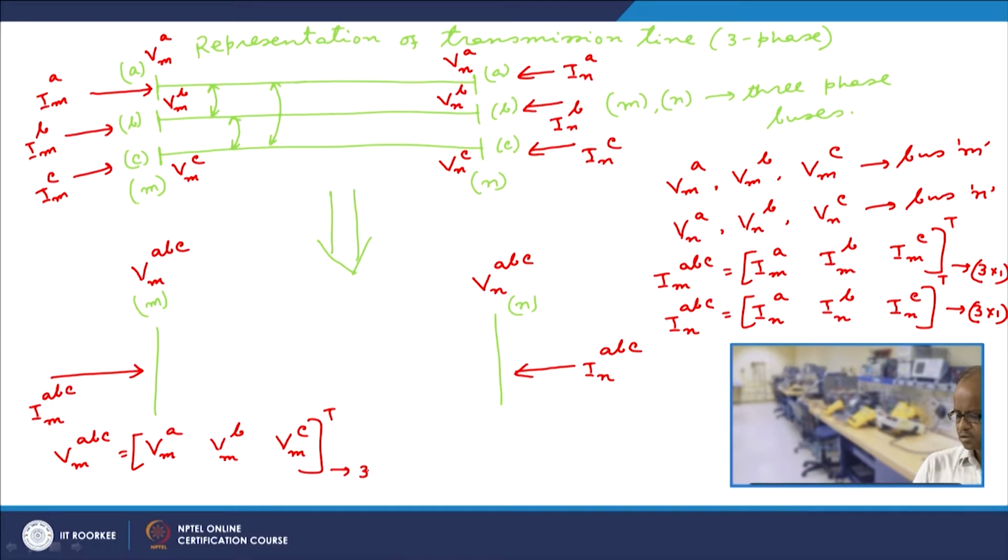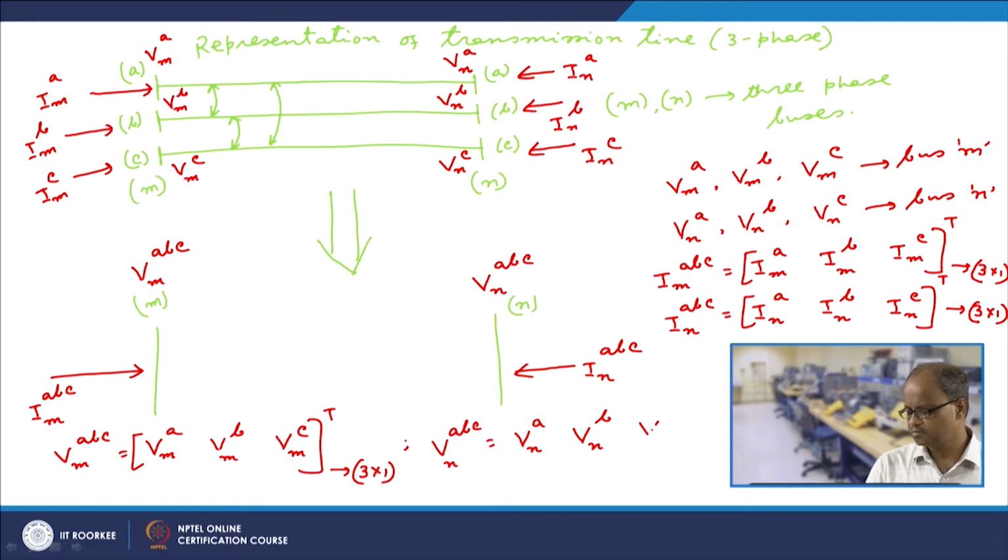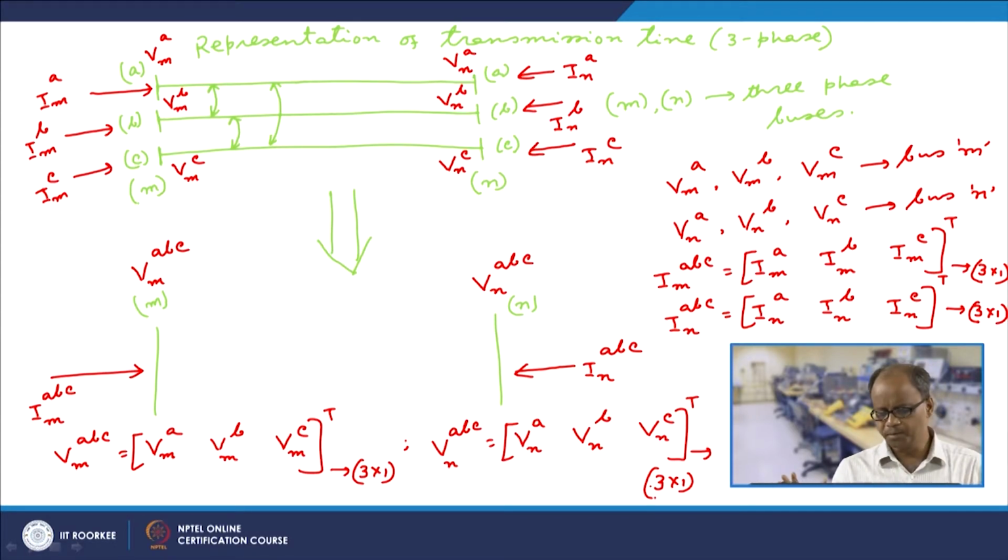So, this is also a 3 cross 1 vector, and V_NABC is also [V_NA, V_NB, V_NC] transpose. So, this is also a 3 cross 1 vector. So, what we have done? We have taken a 3 phase line and we are representing the injected currents and the voltages at these 2 buses in a concise manner.